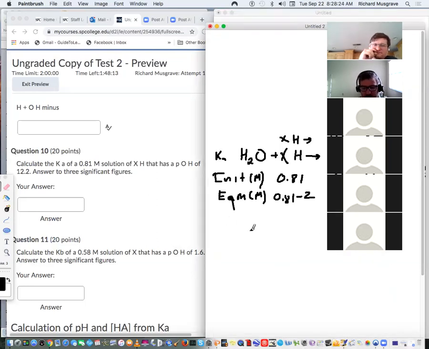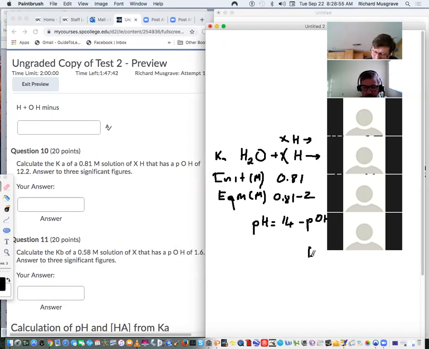So in this case, I need the H plus, and what I have is the POH. So the POH is 12.2. So the pH is going to be 14 minus the POH, which is going to be 14 minus 12.2, which is going to be 1.8. So that gives me the pH.